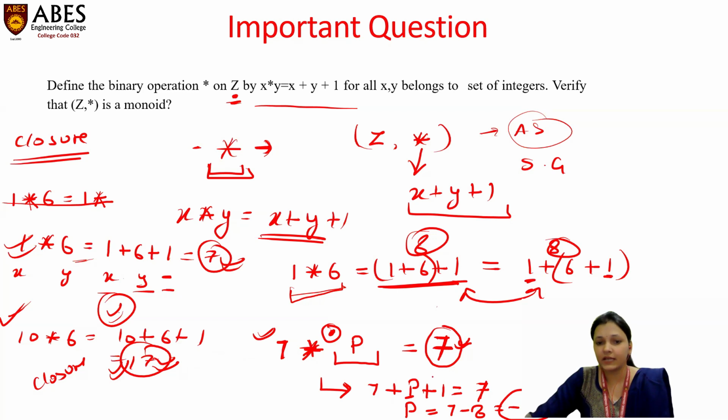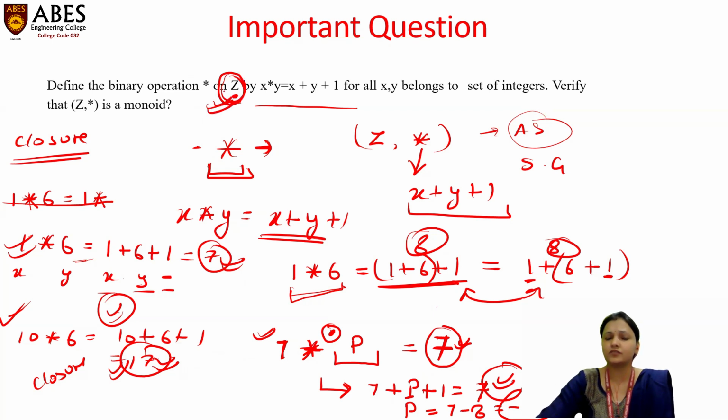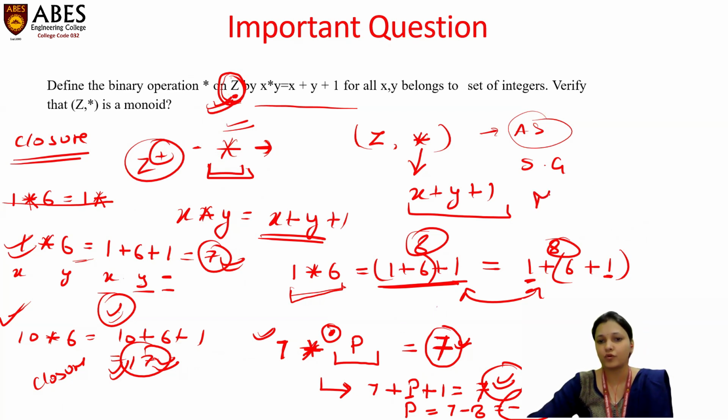So minus 1 is the identity element. Does minus 1 belong to the set? The set is a set of integers, not positive integers. Set of positive integers is Z plus. So here minus 1 is an integer. So the identity element exists in this set. So this is also a monoid.